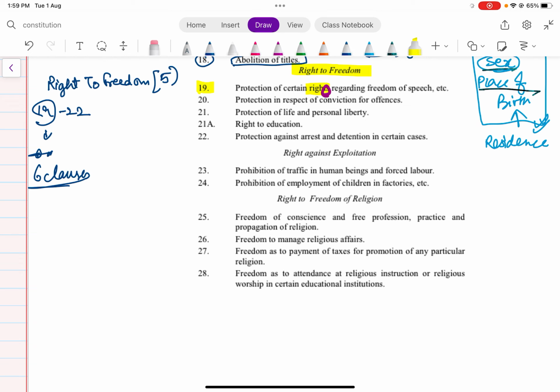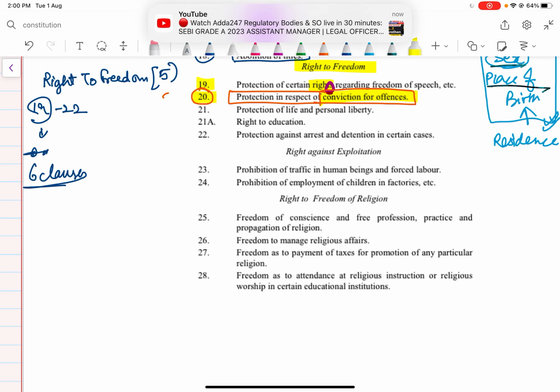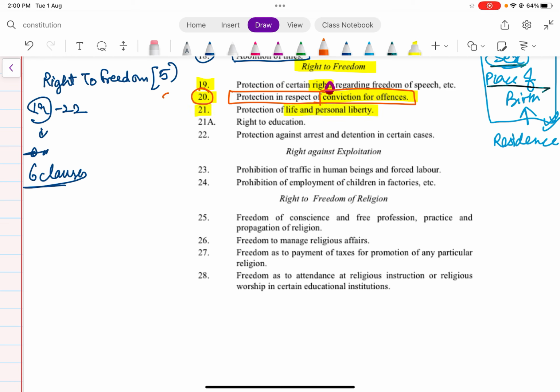Freedom of speech, etc. Article 20 is protection in respect of conviction for offences, again very important. Article 21 is protection of life and personal liberty, and a plethora of cases and a number of rights inhere from Article 21.